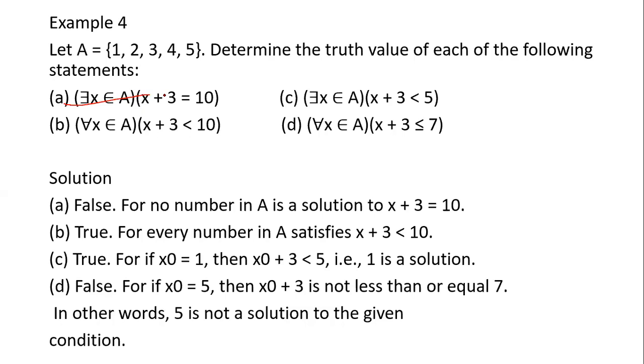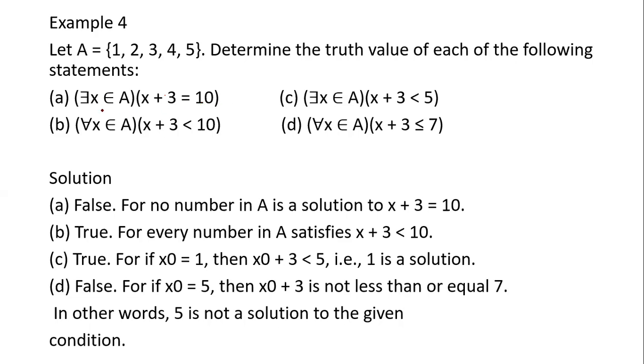Example 4. Let A be the set of 1, 2, up to 5. Determine the truth values of each of the following statements. A. There exists x belongs to A, x plus 3 equals 10.